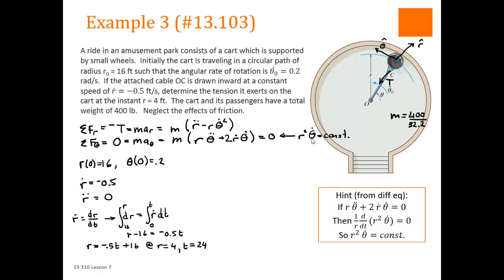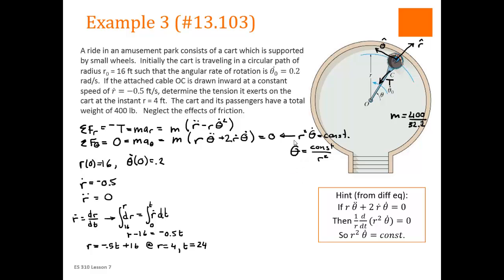Well, here we have the fact that theta dot is equal to some constant over r squared. Can we figure out what that constant is? Well, this is always going to be true, so it's also true at the initial condition, right? At the initial condition, theta dot is equal to 0.2. And we have r is equal to 16, so we can solve for the constant, right?